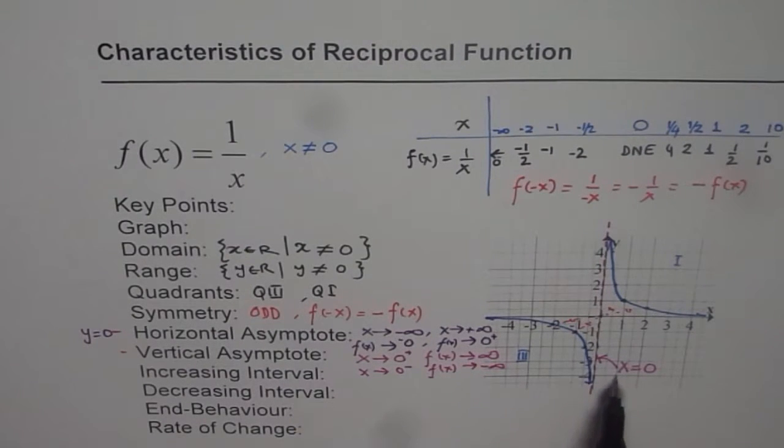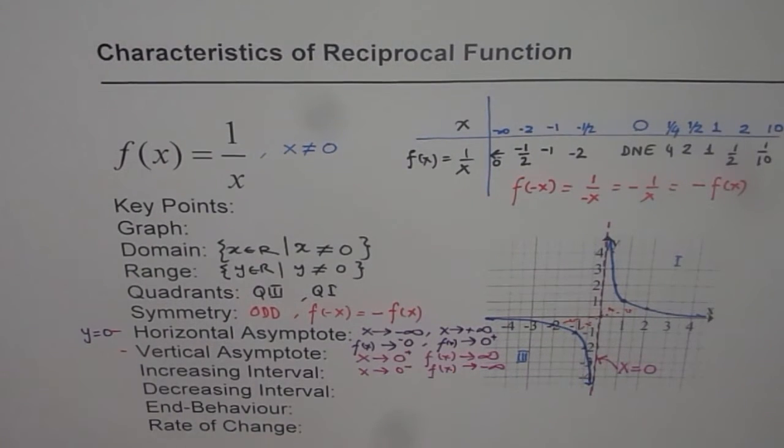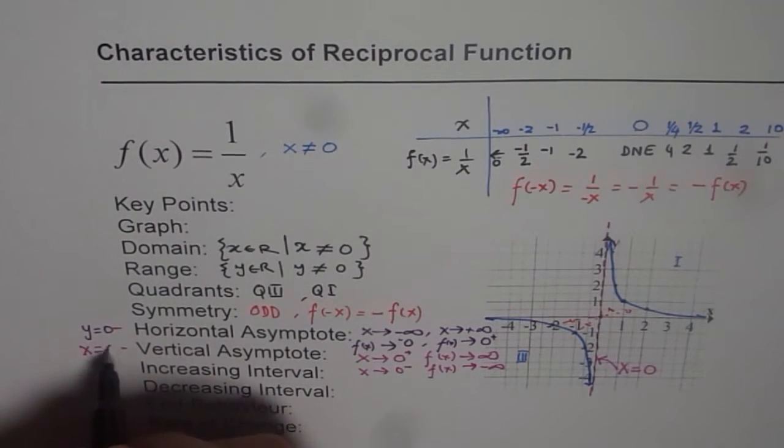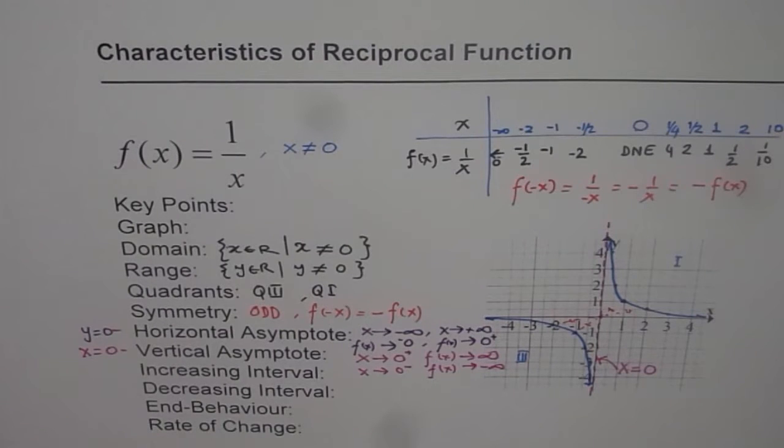We're never there. As we approach x equals 0, the function approaches a negative or positively large value. Therefore, we say it has a vertical asymptote, and the equation is x equals 0, the value of x which we are trying to approach. So these are two very important characteristics of a reciprocal function, right?